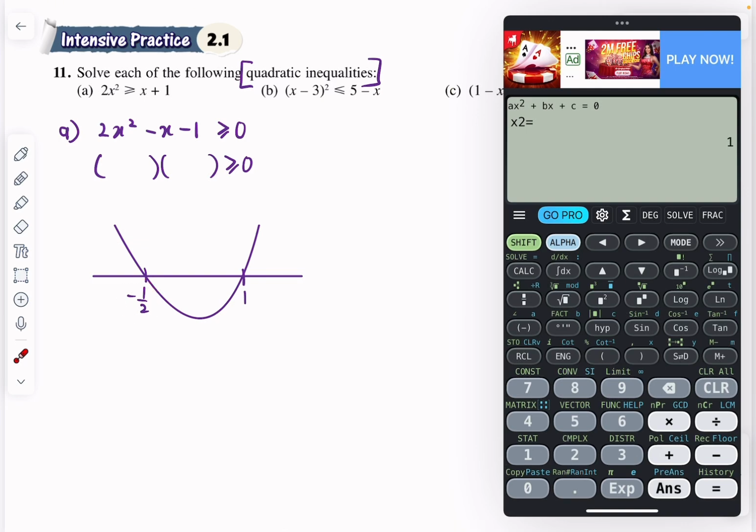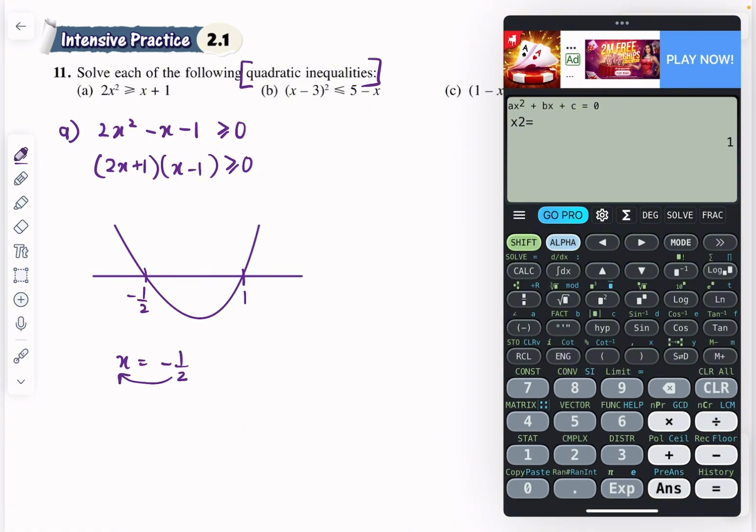Because imagine this is your number line, 0, so 1, 2, 3, 4, 5. Here will be negative and so on. Okay, so once we get the roots, you can put it into the brackets. So this will be 2x plus 1 and the other one will be x minus 1. If you don't know how to do this one, imagine x is negative 1 over 2.